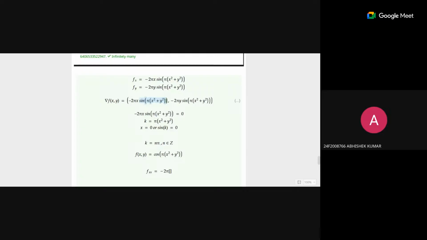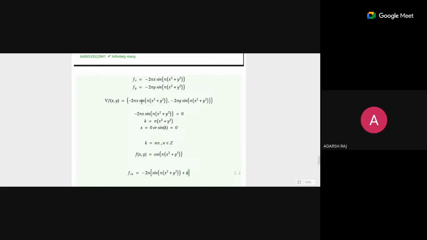Then we have to differentiate this whole thing again: x into cos pi (x square plus y square) into 2x. Right.